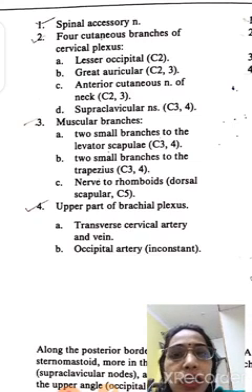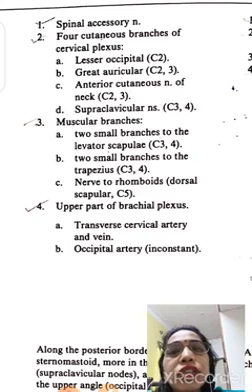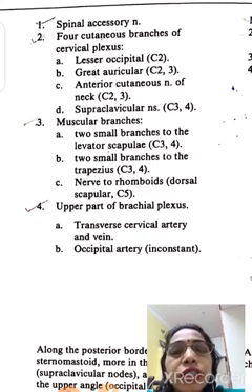Spinal accessory nerve, and 4 cutaneous branches of cervical plexus: lesser occipital, greater auricular, anterior cutaneous nerve of neck, and supraclavicular nerve.